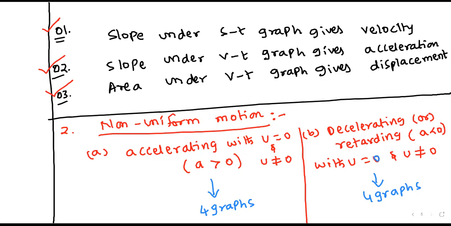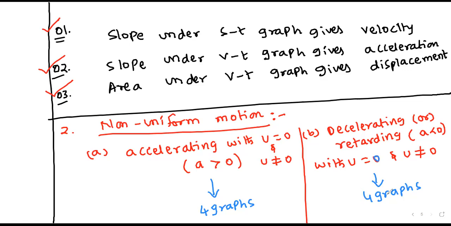One is accelerating with initial velocity 0 and initial velocity not equal to 0. Next, decelerating, that is, acceleration less than 0, with initial velocity 0 and initial velocity non-zero.